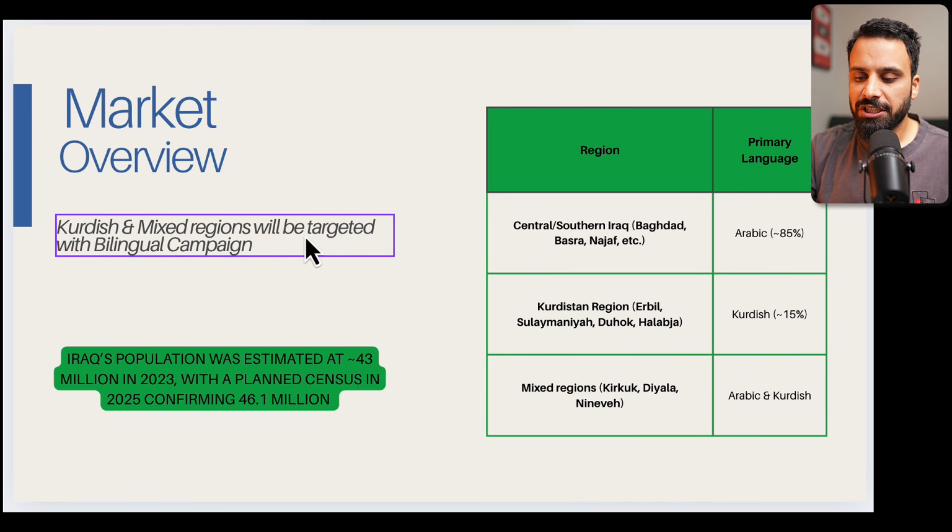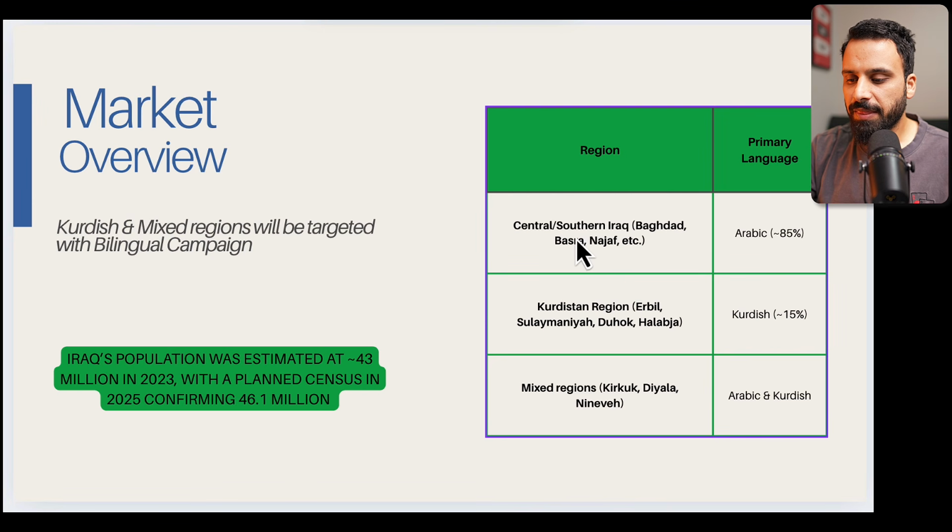Kurdish and mixed regions will be targeted with bilingual campaigns. So this is what I'm suggesting, that central, southern Iraq, Baghdad, Basra, Najaf, etc., Arabic 85%. So 85% of our budget will go to Arabic creatives, and they will be targeted to these regions.